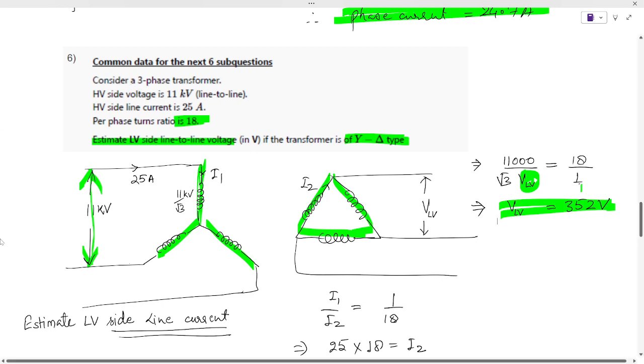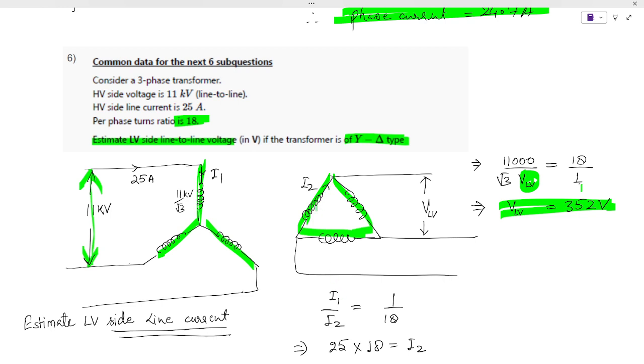Now they want to estimate the low voltage side line current. So again currents are in inverse ratio. We have phase current and line current the same, that is 25 ampere in the star winding. So let us consider the phase current in the delta winding as I2.